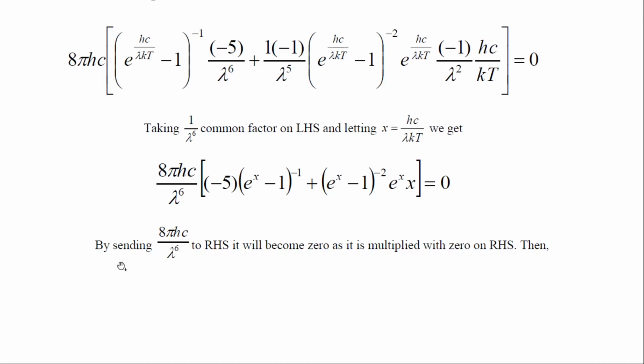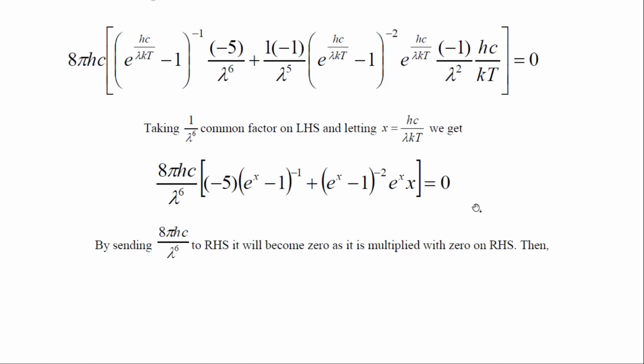Now by sending 8 pi hc by lambda power 6 to the right hand side, it becomes 0, as 0 divided by it is 0.